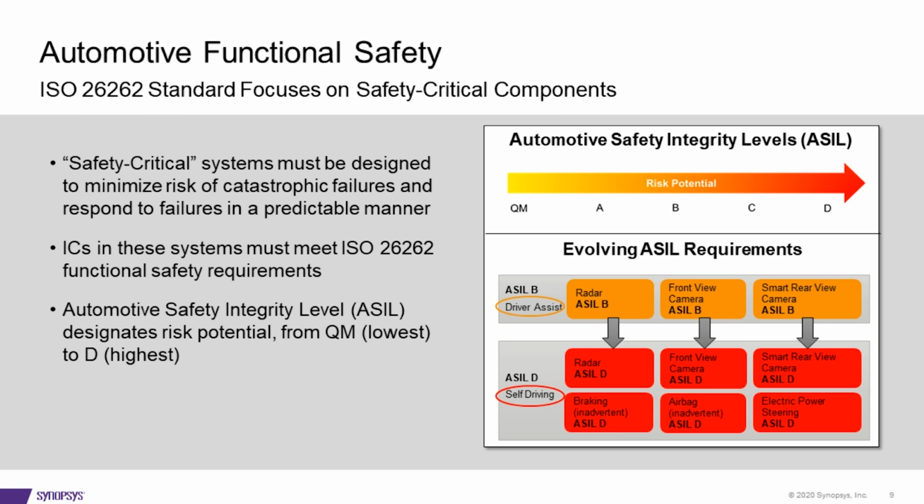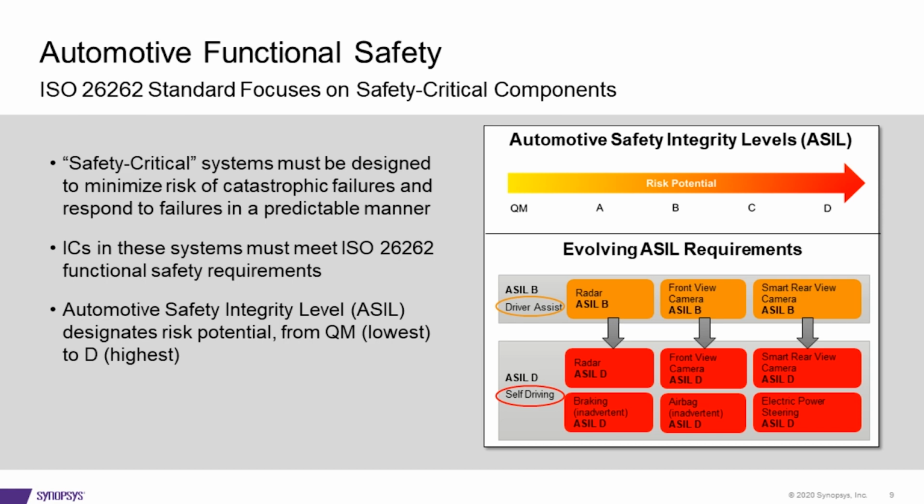And what we see in the market is that even applications that were, for instance, ASIL B, say a mid-range level of certification and safety required in the past, so things like a radar system or a front view camera, maybe an aftermarket front view camera, those are all migrating in the next generation or future generations of autonomous vehicles to be ASIL D, because these things are now no longer just user aids.